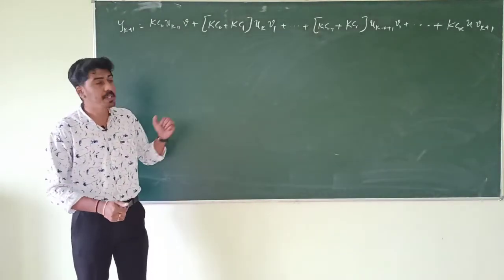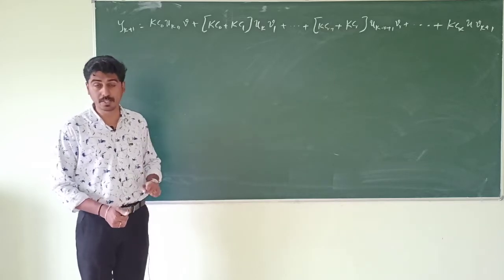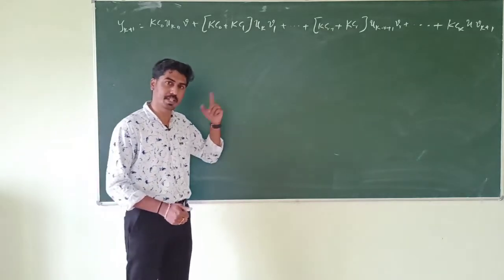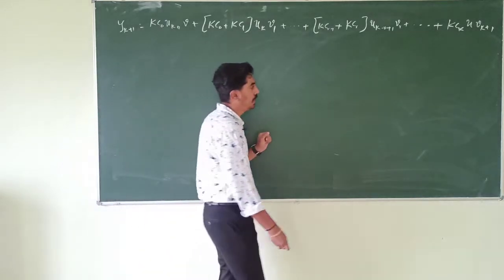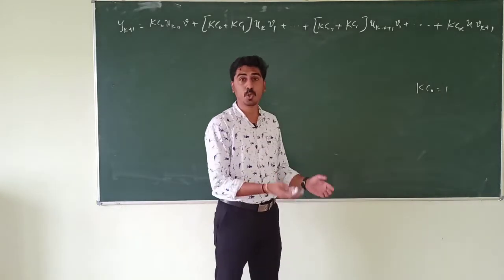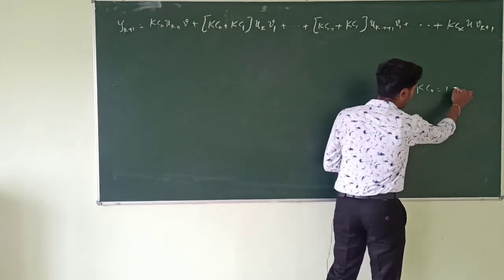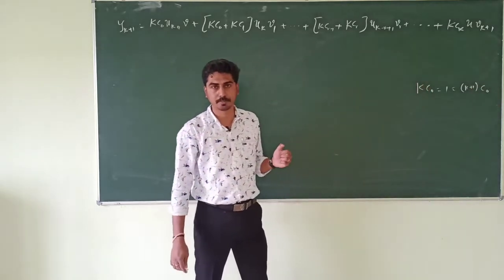Okay, to simplify this equation, I am going to use three relations of permutation and combination, which you have studied in your PUC. The first one is kc0 is nothing but 1, and so is k plus 1 c0, which is also equal to 1.